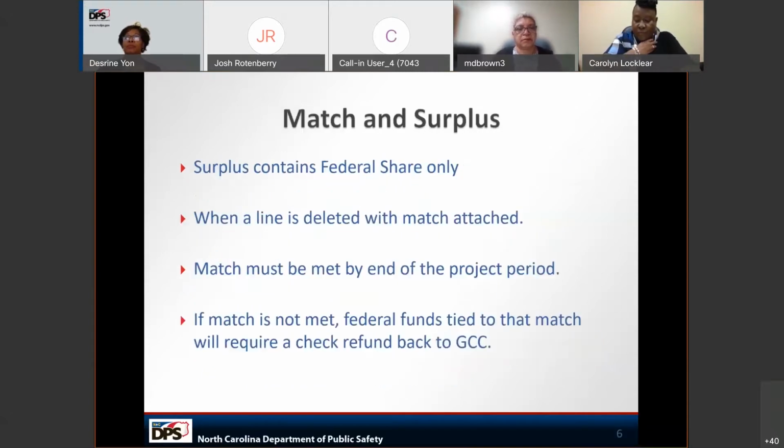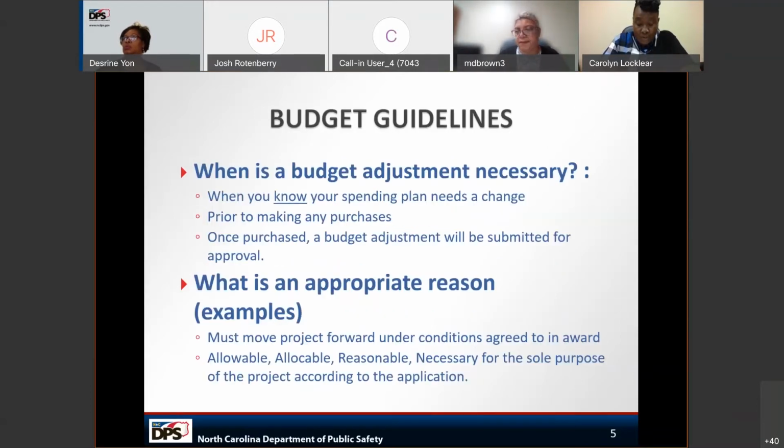What is the appropriate reason or examples for budget adjustments? To move money from one project line to another project line, and they must be allowable, applicable, reasonable, and necessary for the sole purpose of the project according to your application.